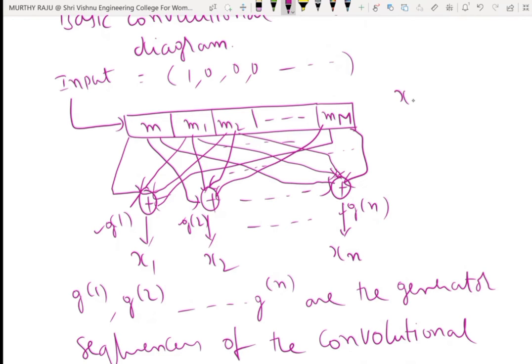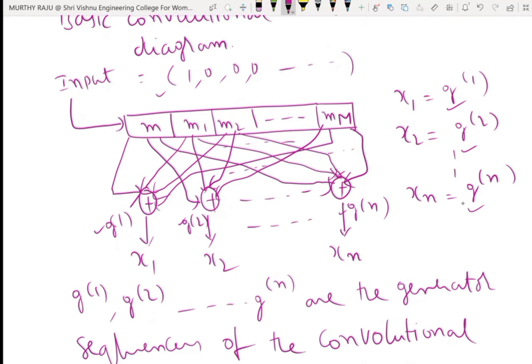G of 1, G of 2, and so on and so forth, G of n are called the generator sequences.